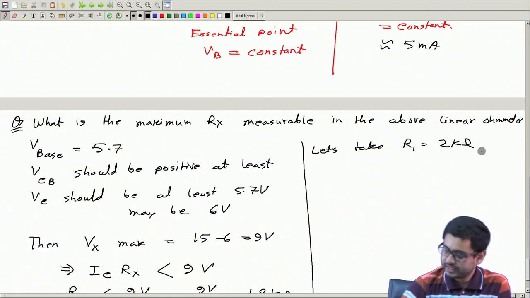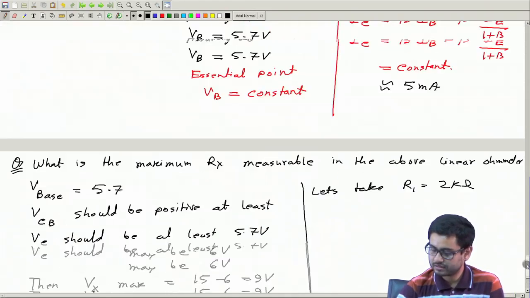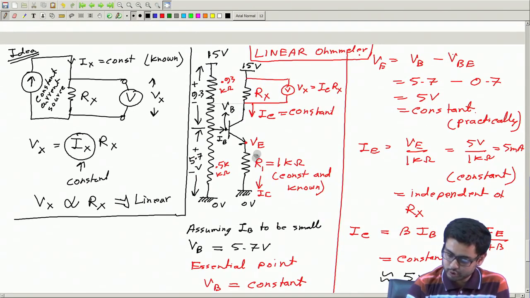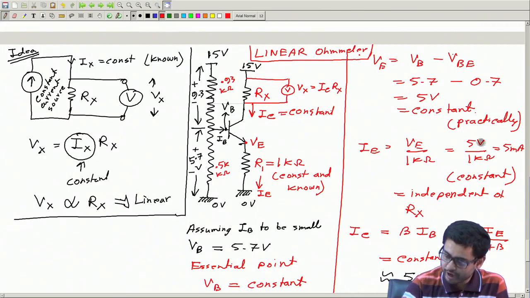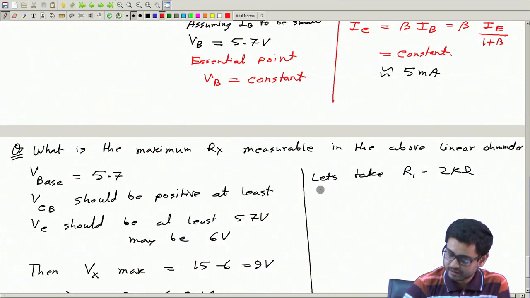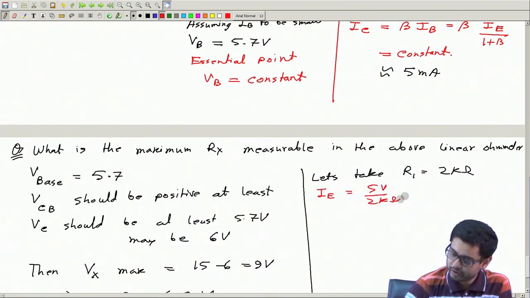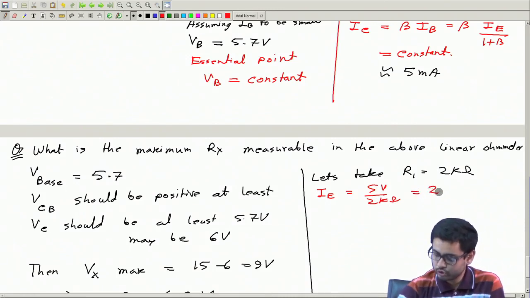Then what will change? If R1 is 2 kilo ohm, VE is at the same voltage, 5 volt, then IE is 5 volt by 2 kilo ohm, so this is 2.5 milliampere.